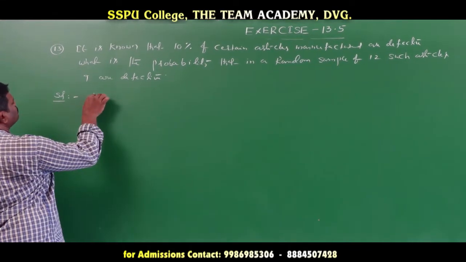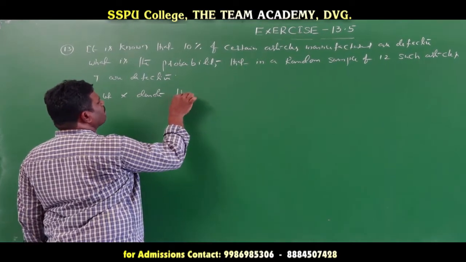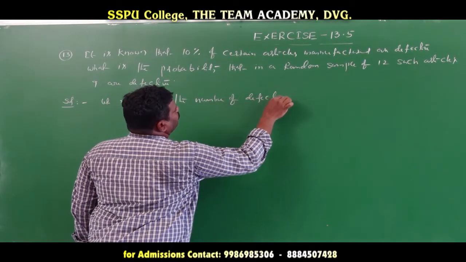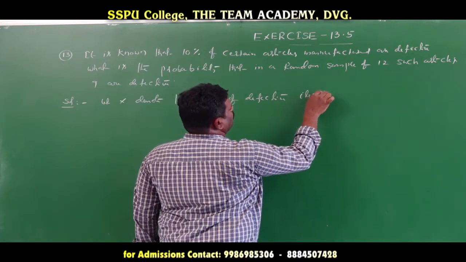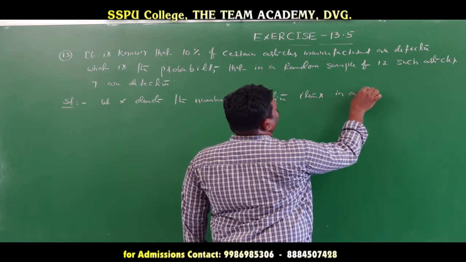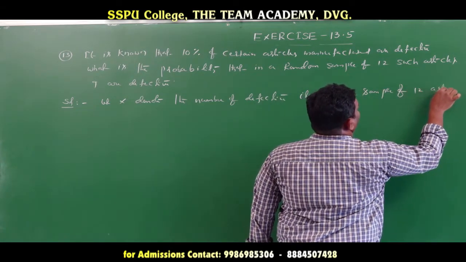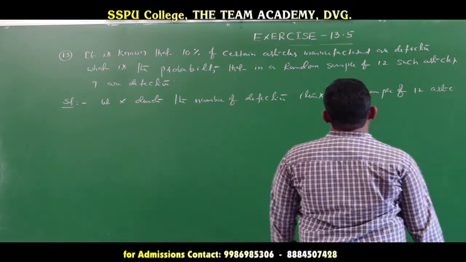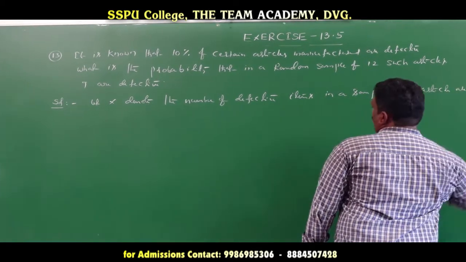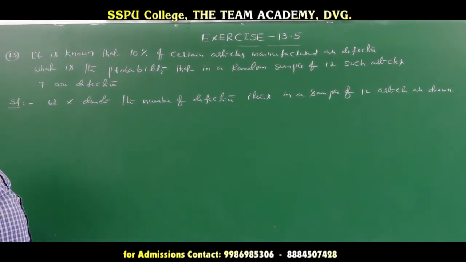First, let X denote the number of defective items in a sample of 12 articles drawn.